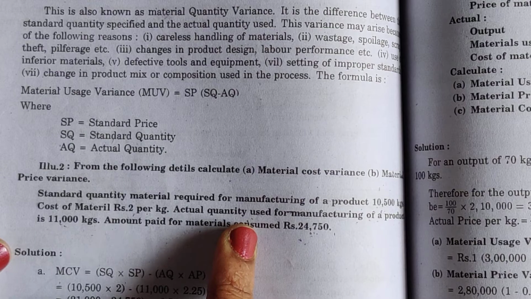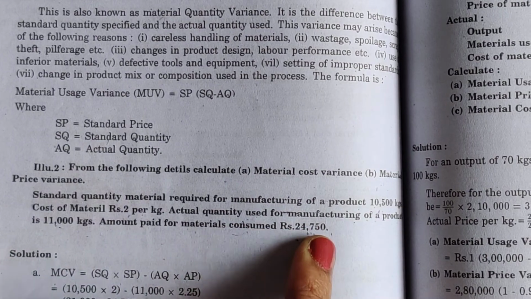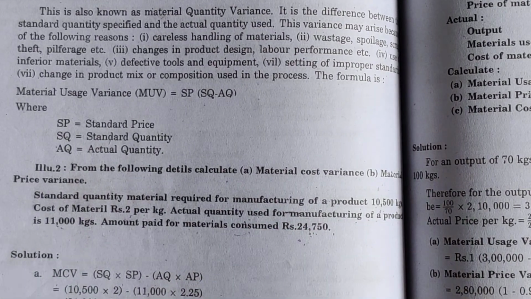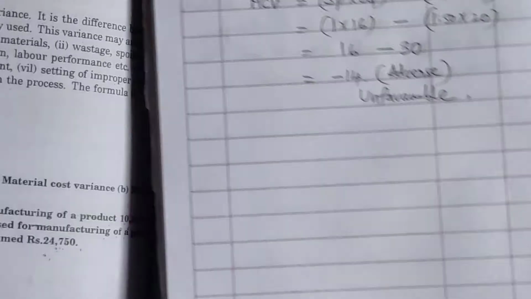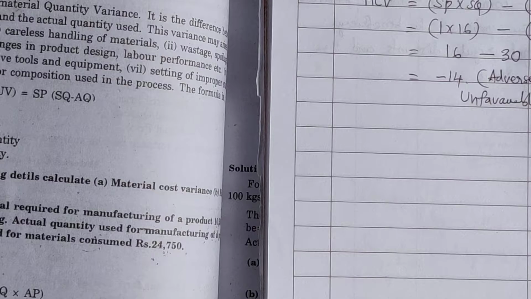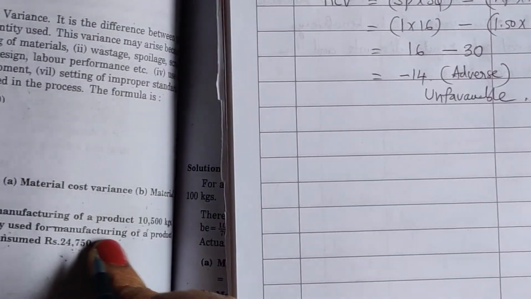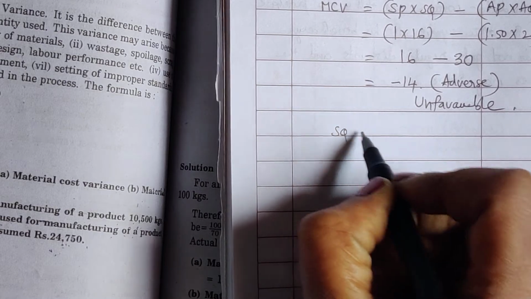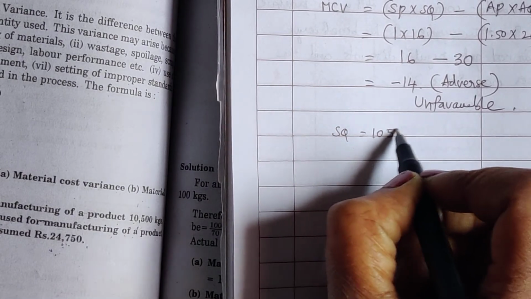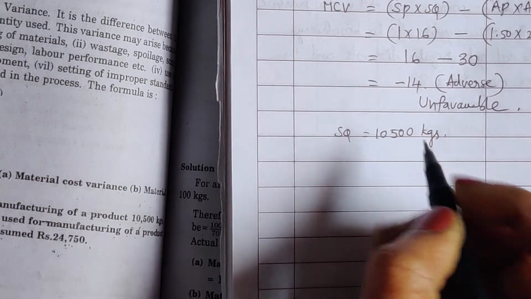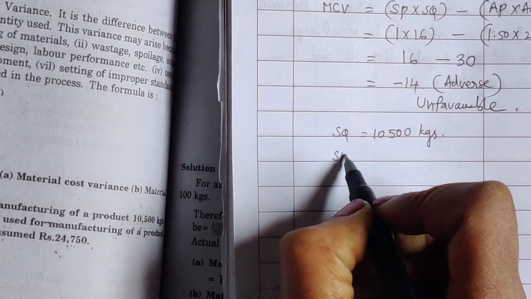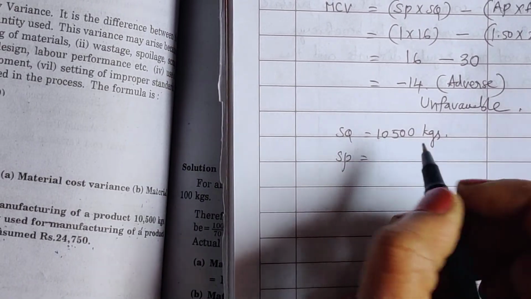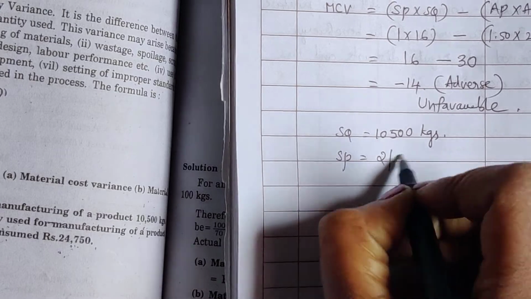The amount paid for material consumed is 24,750 rupees. So to manufacture a product, we are estimating a standard quantity of 10,500 kgs, and they have specified the standard price also. The standard price is 2 rupees.